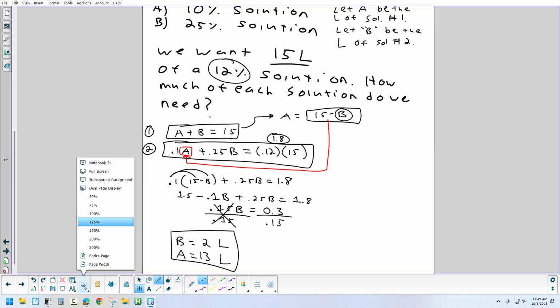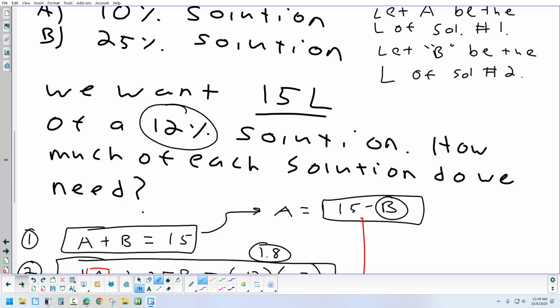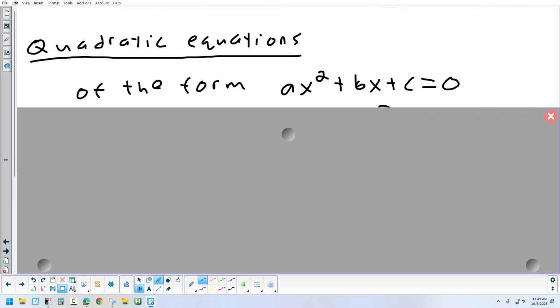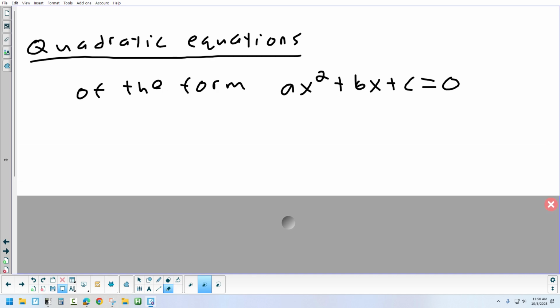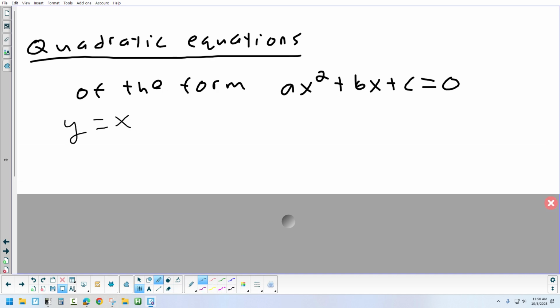Okay, so last thing we're going to look at is a quadratic. When we're solving a quadratic, the difference is the highest exponent can be how much? Yeah, the highest exponent can be a 2. So these are all examples of quadratics. That's a quadratic.